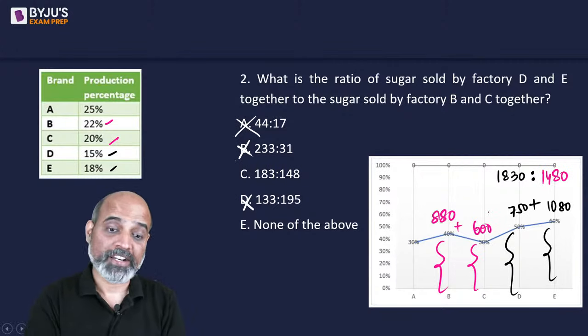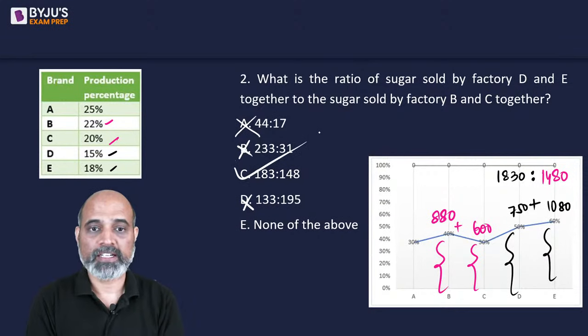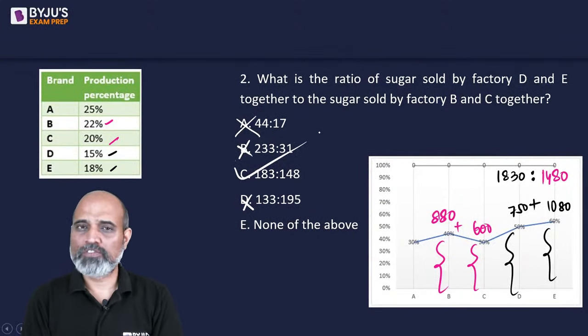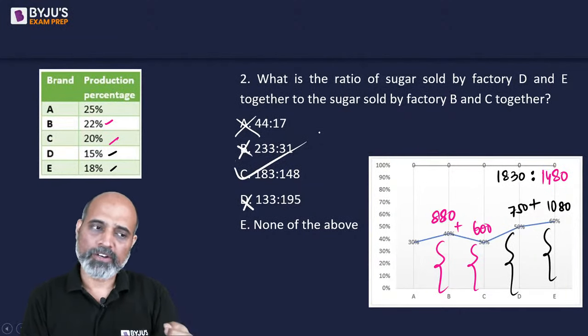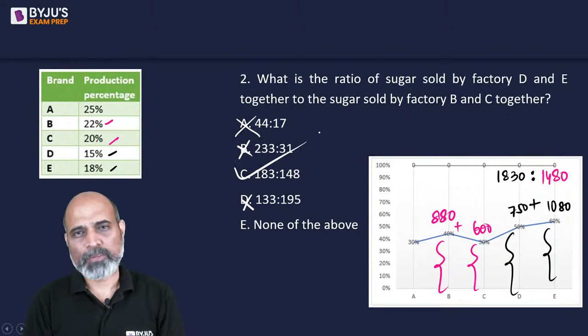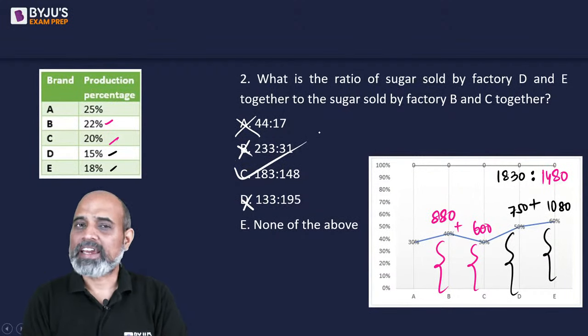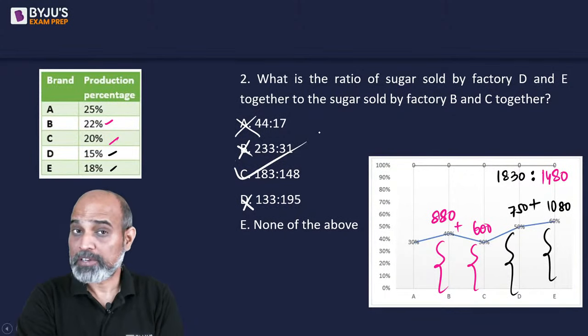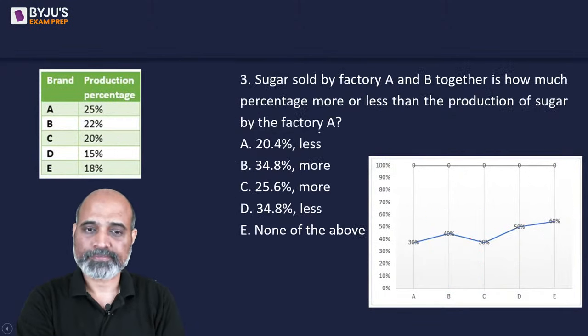Now, if you take the ratio, it's pretty obvious that it's going to be C. And anyways, in exams, whenever you have none of the above, तो अगर आप हड़बड़ी में हो, if you're in a hurry or if you want to solve it quick, don't waste time over there. So none of the above, you can any day ignore it. It's very rare that none of these is the option. ऐसा नहीं कि नहीं होता है, पर rare scenarios होते हैं.